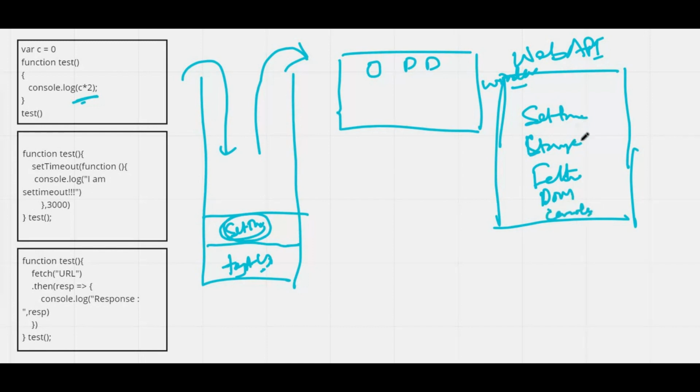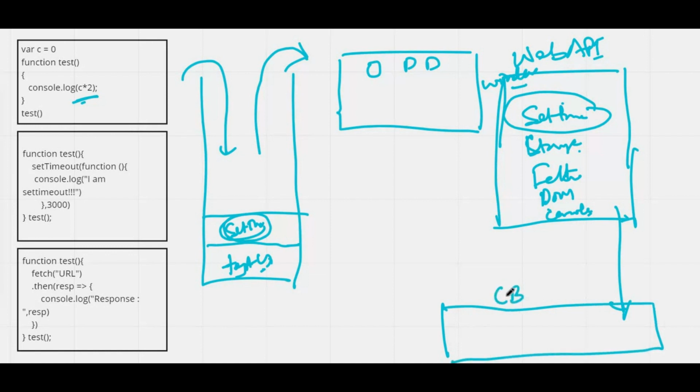All these things, when they come, go to the web API. In this case setTimeout came, so setTimeout is here. It will go to the web API, and this web API will push the setTimeout callback to a queue called the callback queue.